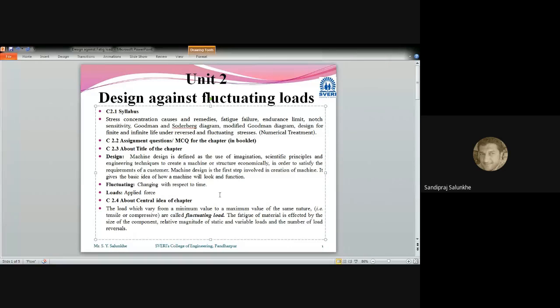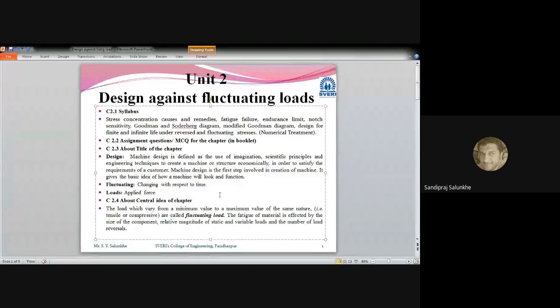So everybody has to understand that static means when we apply that quantity or entity, it is going to remain constant for all time. Whereas if we get a change in that entity or quantity, then we say it is dynamic.